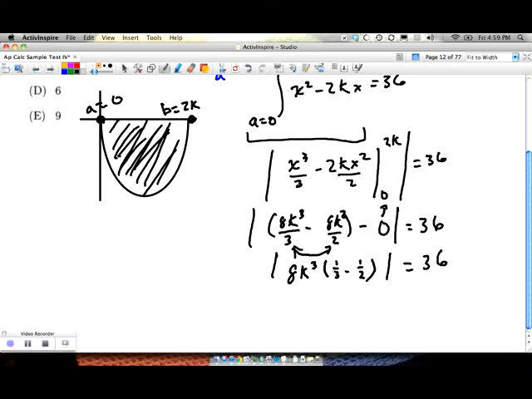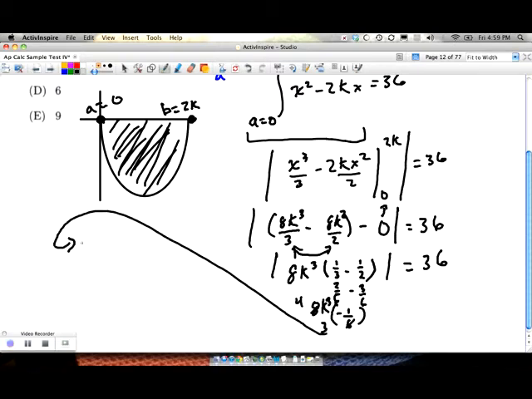Okay, so we have 8k cubed, and this fraction 1/3 minus 1/2 is really 2/6 minus 3/6, which equals negative 1/6. So we got 8k cubed divided by 6 equals 36. I can simplify that a little bit: 8 and 6 become 4 and 3.